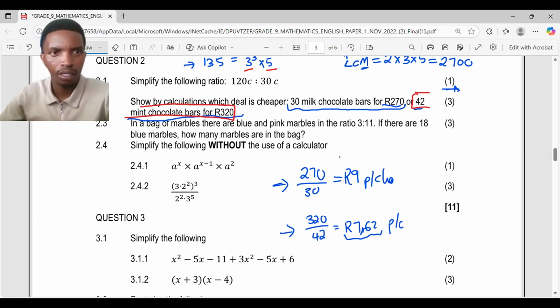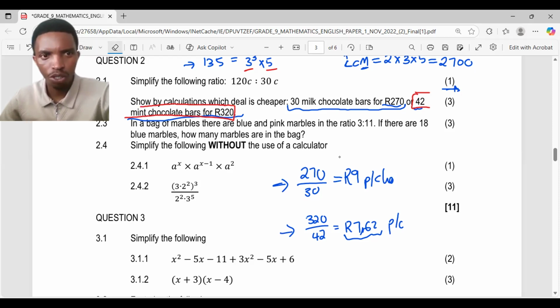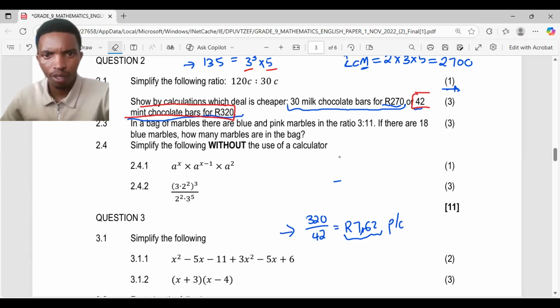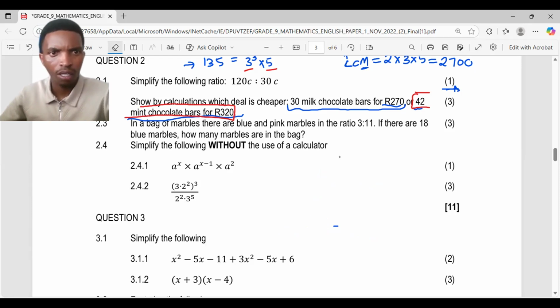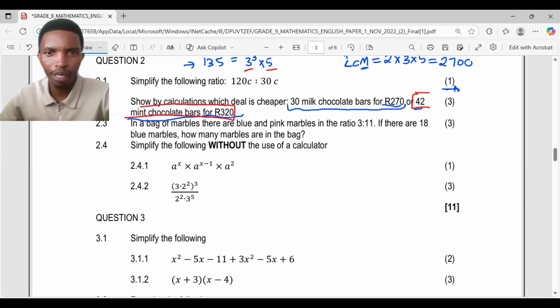And then let's go to question 2.3. For 2.3, they're saying in a bag of marbles, there are blue and pink marbles in the ratio of 3 to 11.